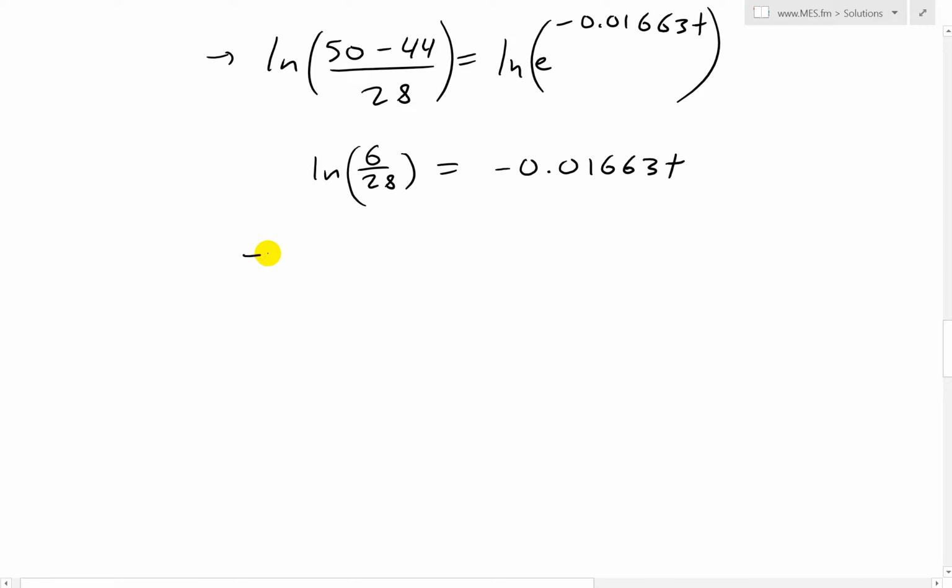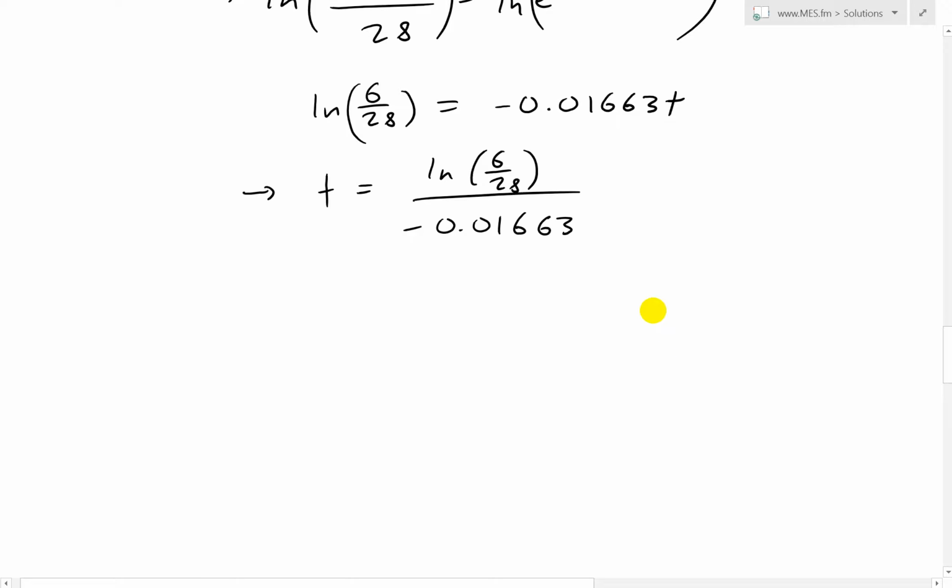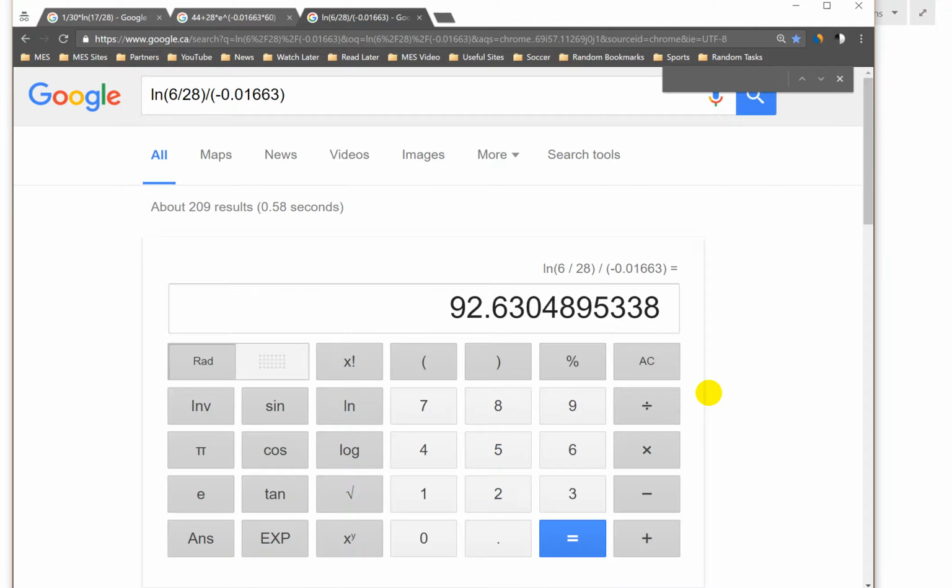Then solving for t, t is equal to ln of 6 over 28, all divided by negative 0.01663. If you plug it into the calculator, ln of 6 over 28 divided by negative 0.01663 gives about 92.63, etc.